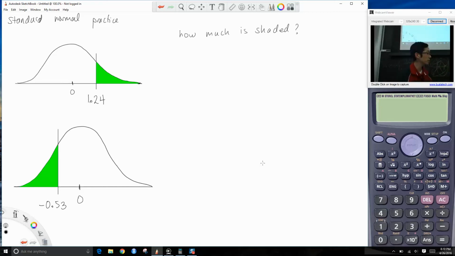Okay, so I'll give you guys a couple minutes to figure this out. You're going to use your table. So I've got 1.24 and negative 0.53. And if you're on YouTube, I'm going to pause the video here to give you a chance to figure these numbers out yourself.